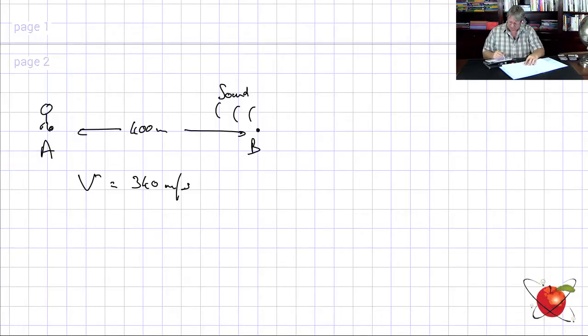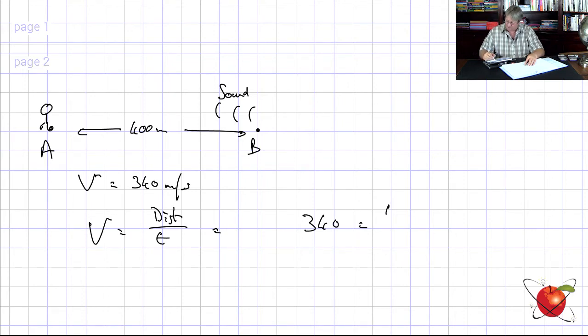How long does it take? Well, velocity is equal to distance over time. Okay, displacement over time, yes, but we'll get to that at some stage. So we know that 340 must be equal to distance over time, 400 over time.